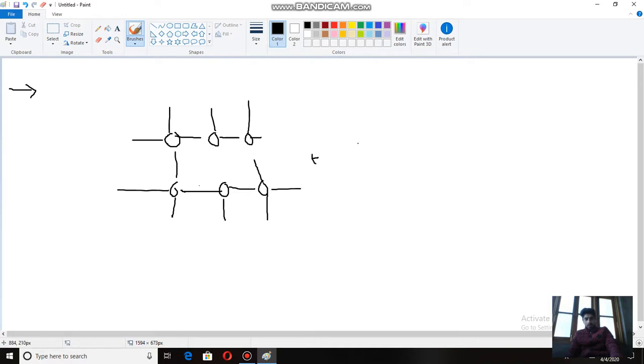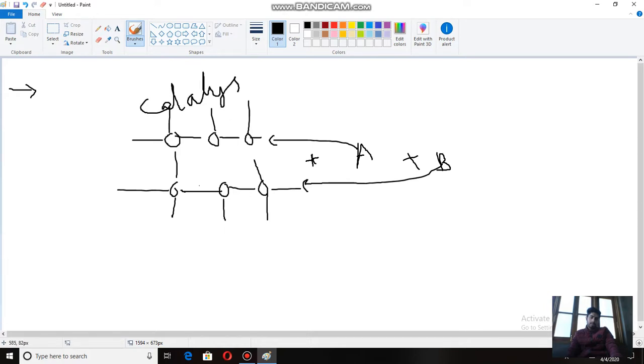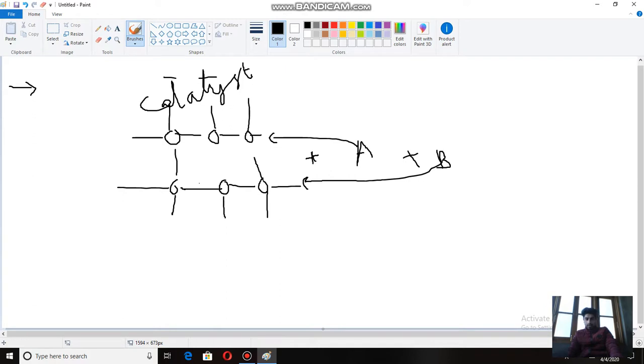Now it's our A plus B. First, what happens? This A and B try to form a complex with this catalyst, and they form an activated complex like this.